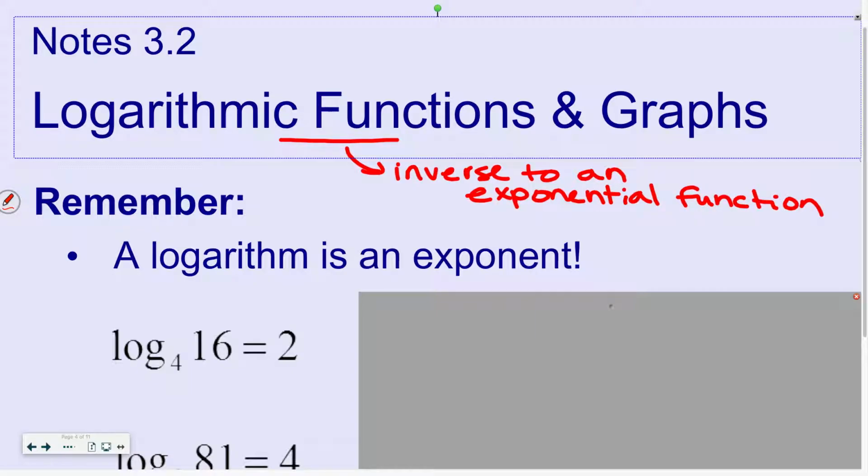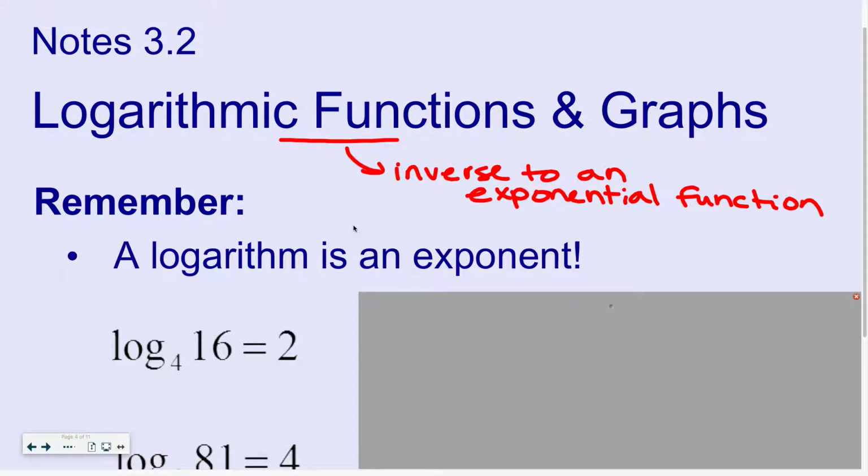So think about inverse operations like addition and subtraction are inverses of each other. Multiplication and division are inverses of each other. A square and a square root, a quadratic and a square root function, are inverses of each other. So inverses undo each other. So a log can undo something exponential and vice versa.